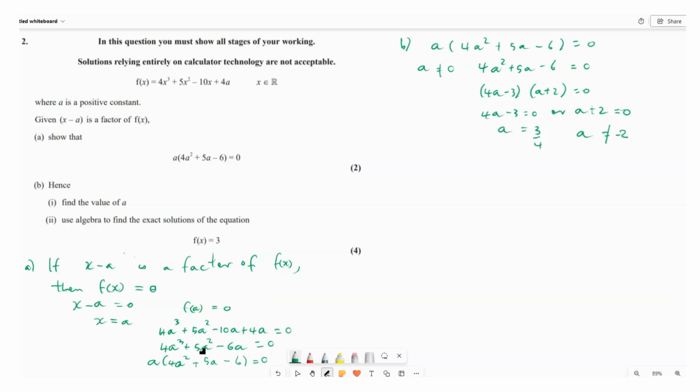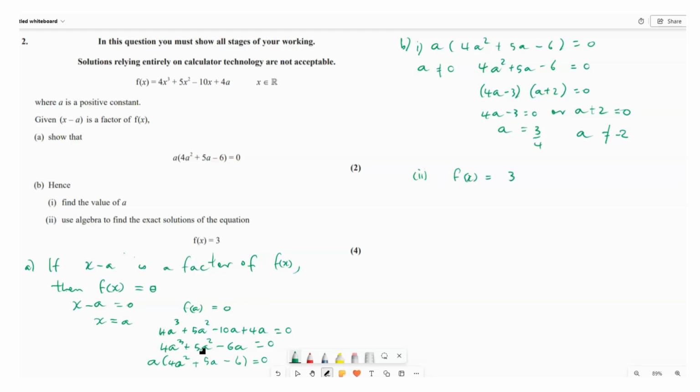Now let's move on to part 2 of B. So this is part 1 done. Use algebra to find the exact solution of the equation f of x equals 3. So f of x equals 3.